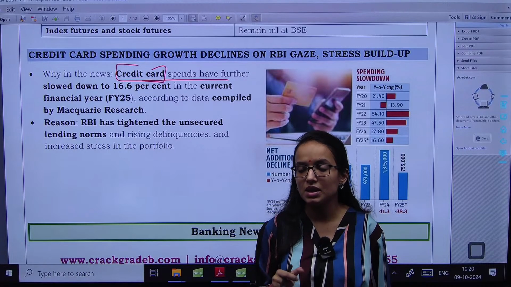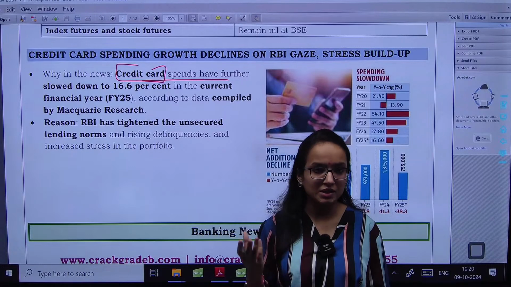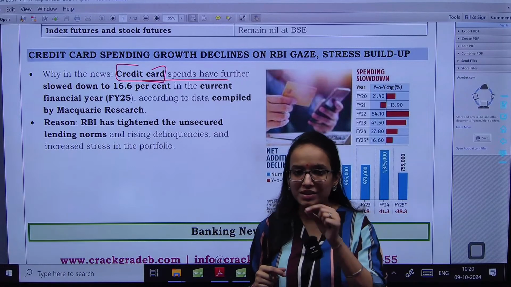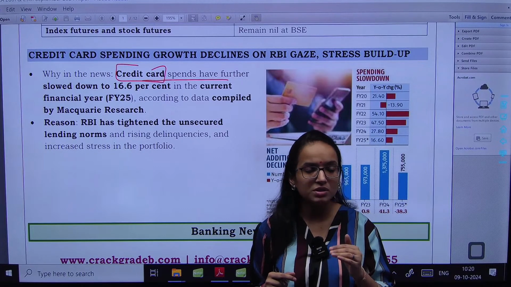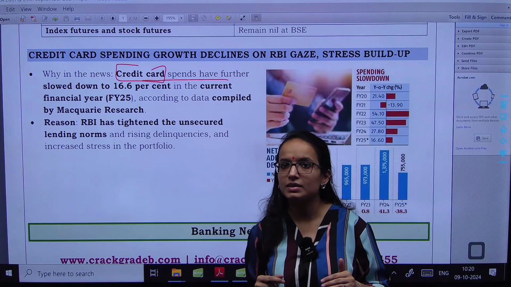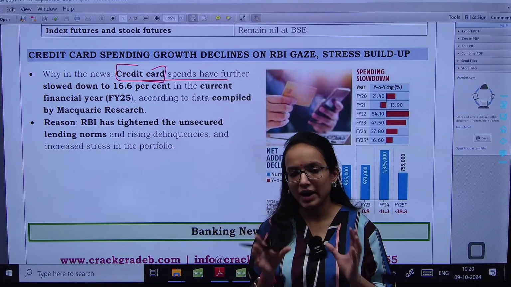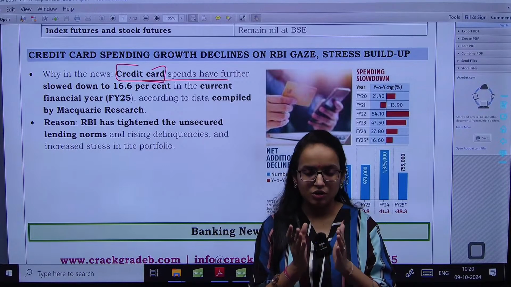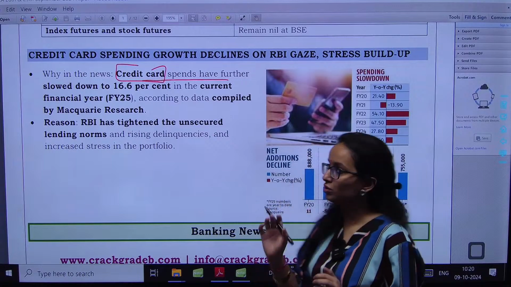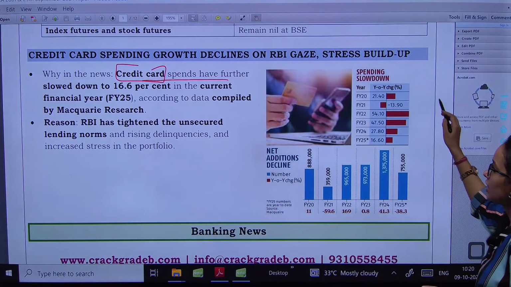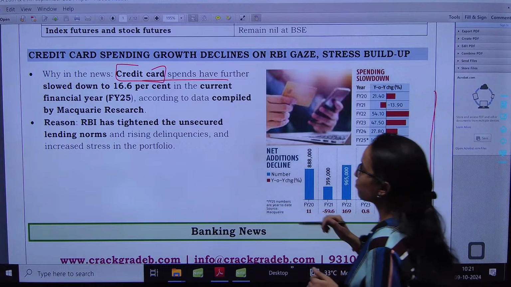We have discussed that the number of credit cards being added has increased, but the transactions done using credit cards are on a continuous decline. Why this decline? Because this unsecured lending segment is being rigorously monitored by RBI.